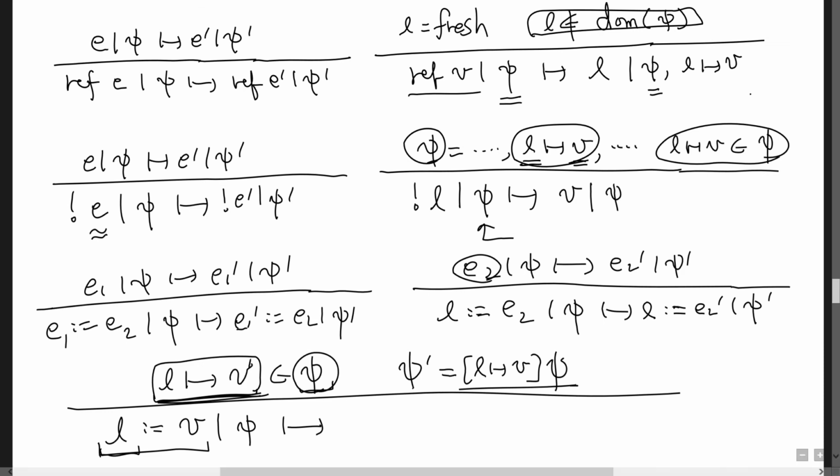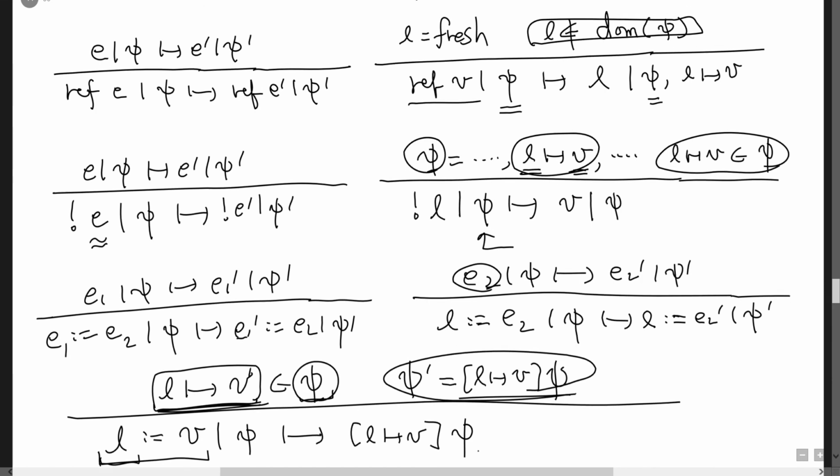So if we use this notation, you'd have L arrow V psi. That's all. So the syntax may not be familiar, but the key idea is very simple.